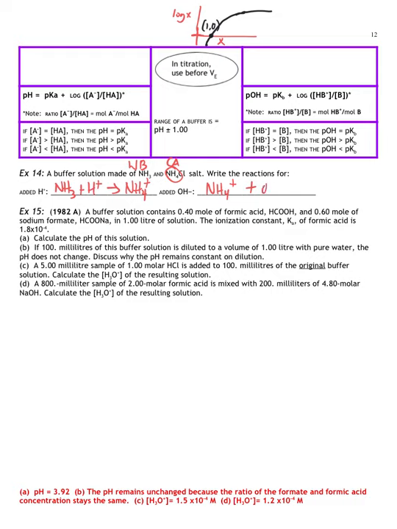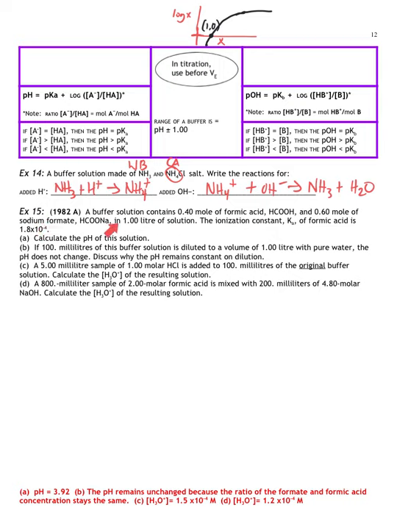Plus OH minus, and when that neutralization happens, you're going to see NH3 plus water form. How did that happen? Well, when these two combine, you're making ammonium hydroxide, which is going to spontaneously form ammonia and water. So this reaction yields ammonia and water in the end.